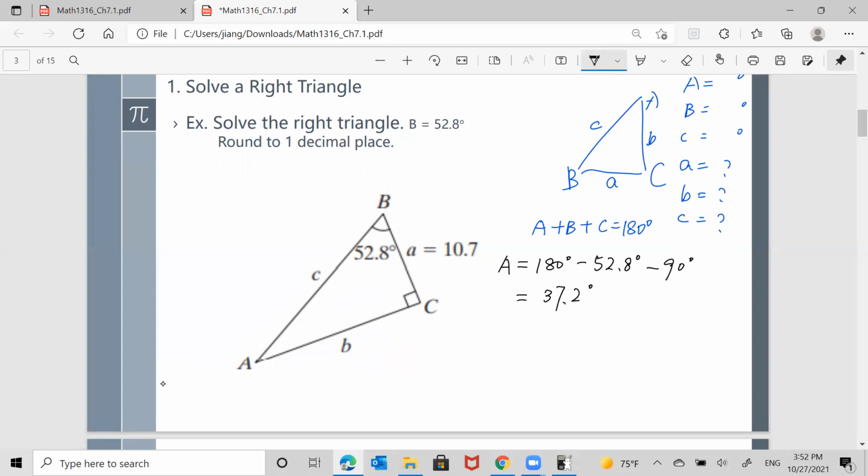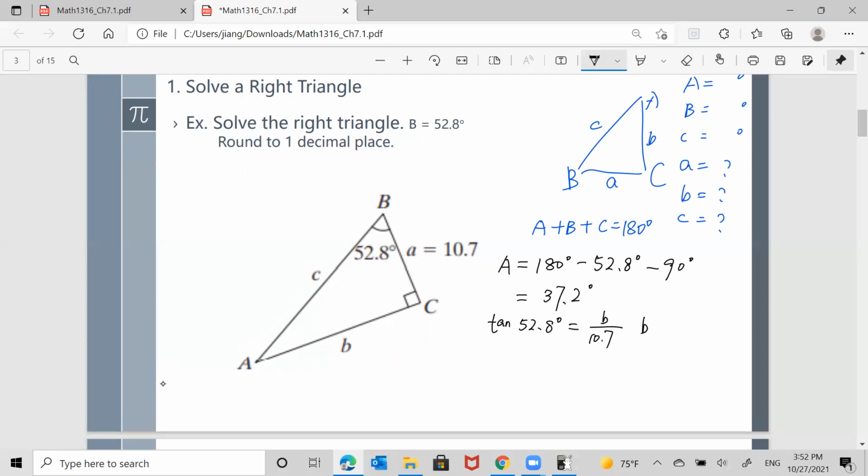We have learned that tangent B equals opposite of B over adjacent. So tangent of 52.8 degrees equals opposite b over a, and a is 10.7.